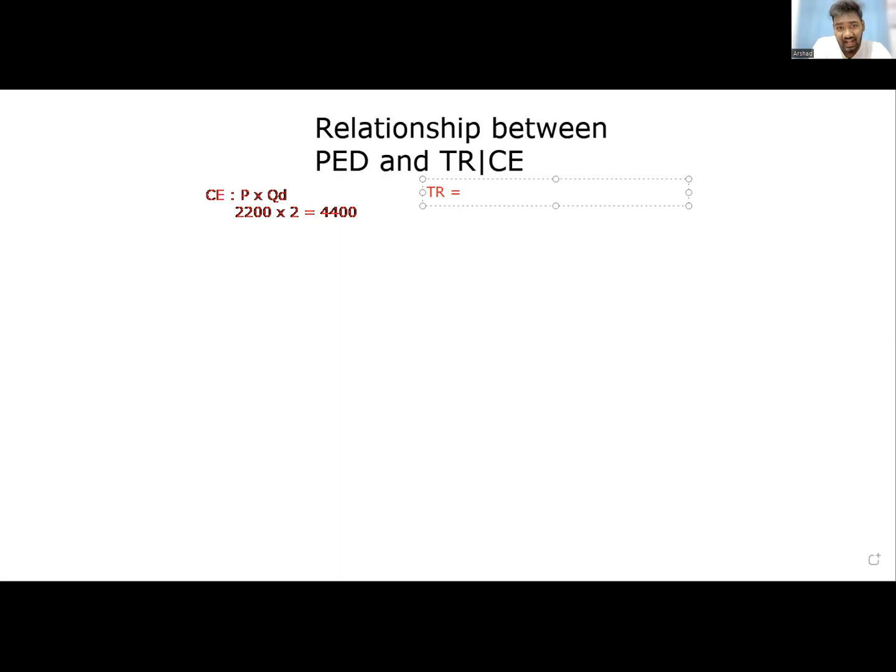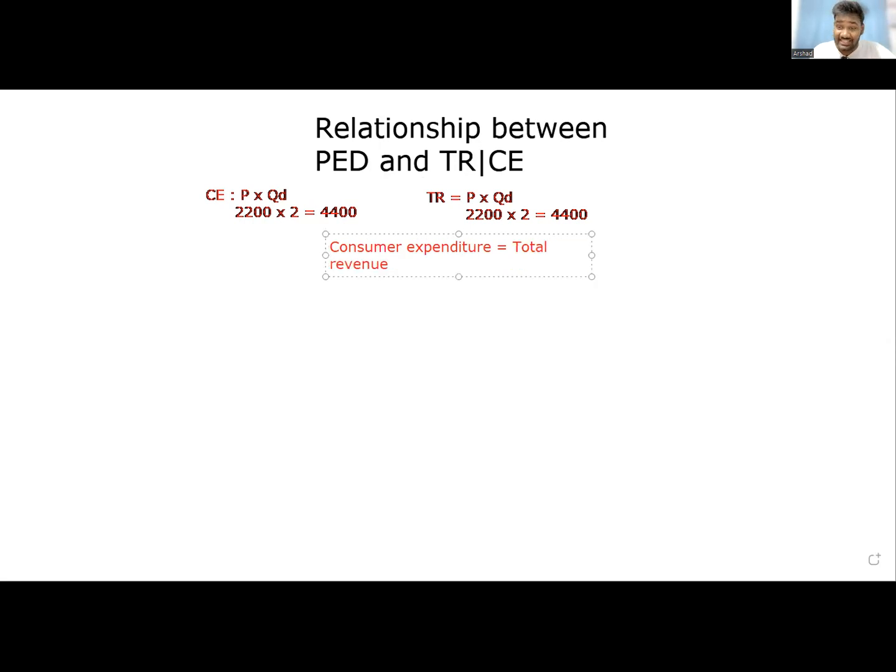On my side, I am selling one class at 2,200 per month multiplied by the quantity demanded, so 2,200 into 2, which is 4,400. So is that part clear, guys? How to calculate consumer expenditure and total revenue? And I can say that consumer expenditure is equal to the total producer revenue.